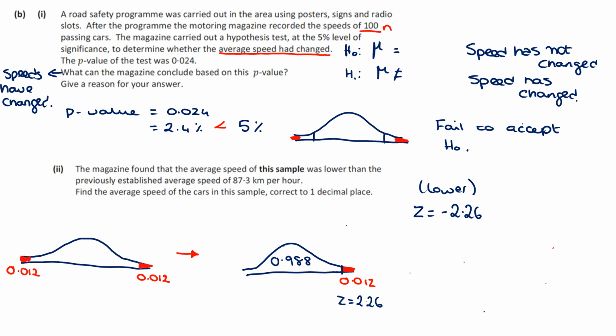How we worked out this Z was using our hypothesis test formula, which was x bar minus mu over sigma over root n. Working with that, we get minus 2.26 is equal to, we don't know what this x bar is, minus 87.3 all over sigma square root of 100.